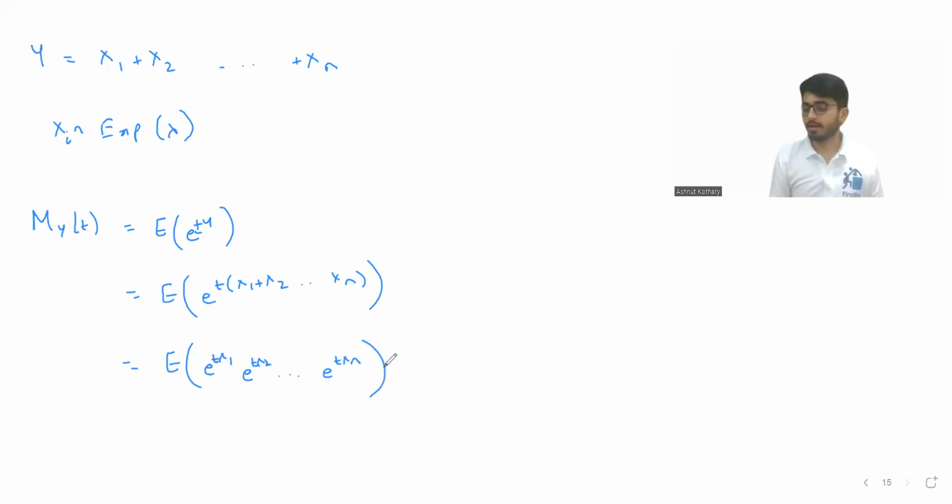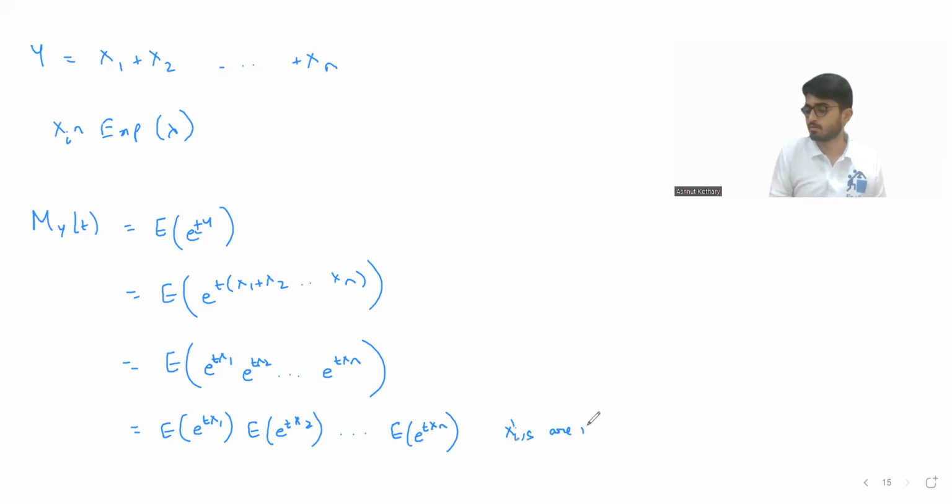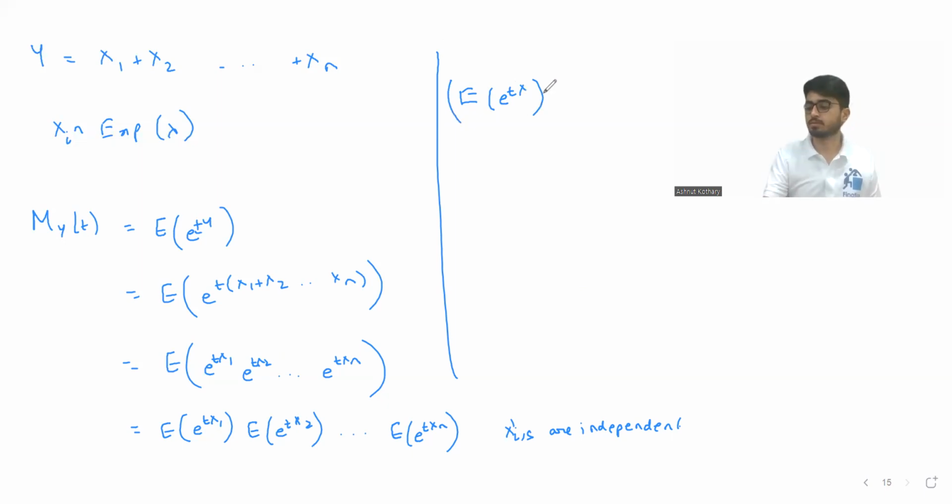Now, given all of them are independent, I can write them as a product of expectations, because the xi's are independent. Next step, since all of them are identical, this will become what? Expectation of e to the power tx. How many terms are there? N terms. And this becomes nothing but MX(t) whole to the power n.